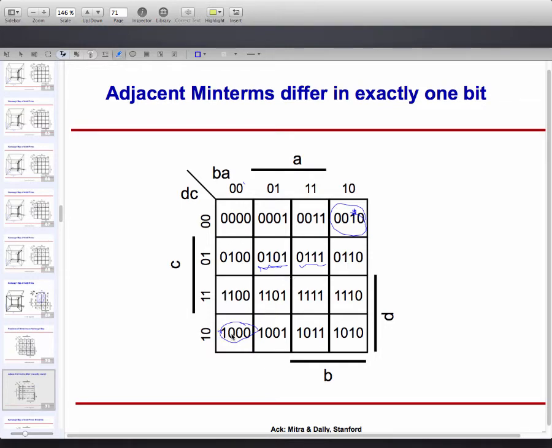If I look at this and this, then they differ in only one bit, and so forth. So you can always kind of wrap around and still be adjacent.